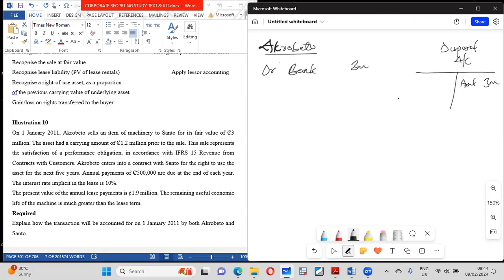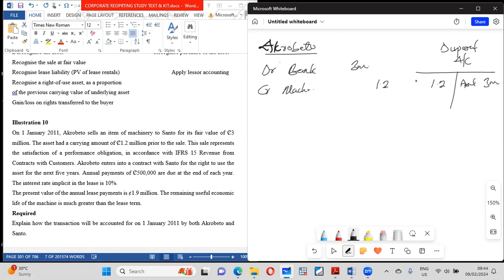The carrying amount of the asset was 1.2. So we will credit the carrying amount, the machine, with 1.2. And we will debit here 1.2. So this is what we do.